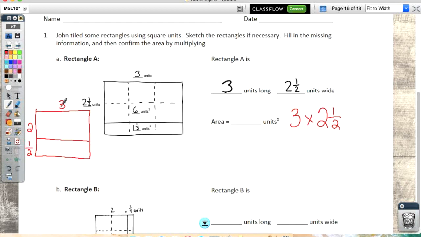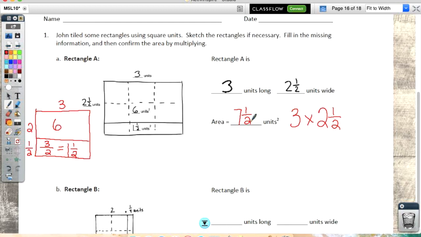So 2 times 3, and 1/2 times 3 would be 3/2, correct? Which is 1.5. So if I add 6 plus 1.5, 7.5. So the area model is one way to solve it, and I really like it.